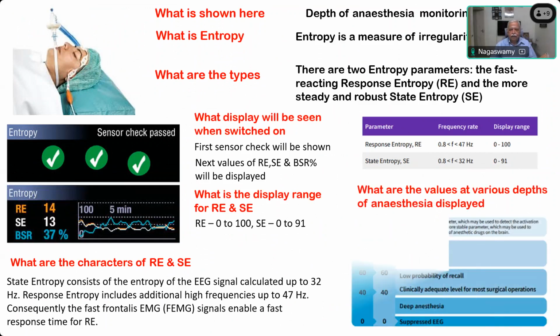Then the patient will have a low probability of recall at the 60 value and a clinically adequate level of surgical anesthesia at 40. Below 40 it will become deep anesthesia. At 0 it will be suppressed or flatline EEG.